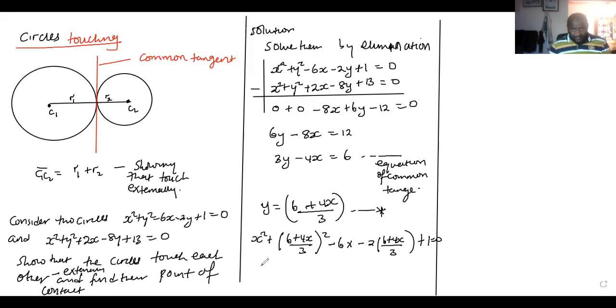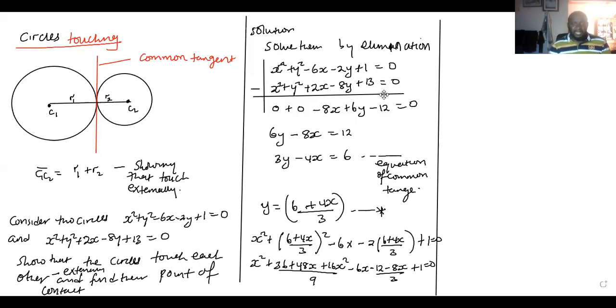So you'll get x squared plus (36 plus 48x plus 16x squared) over 9 minus 6x minus 12 minus 8x over 3 plus 1 is 0.